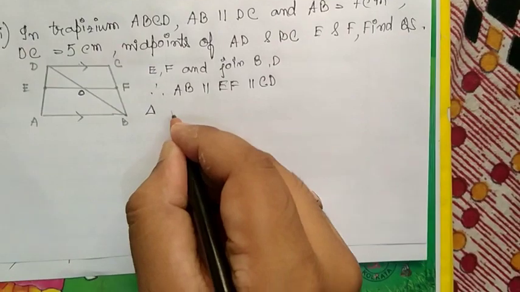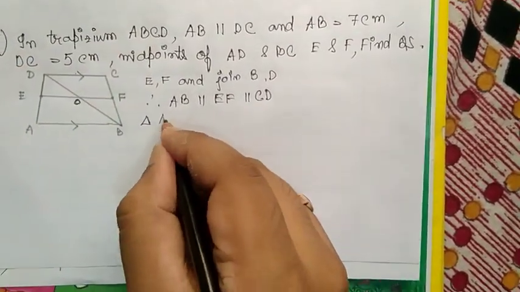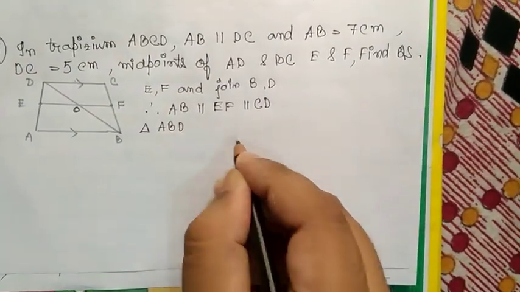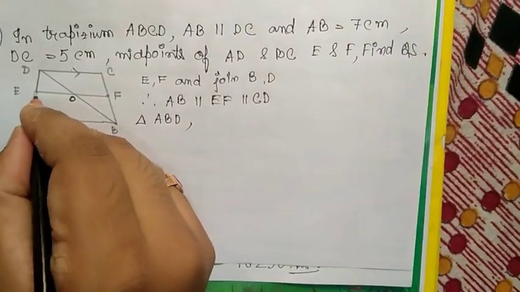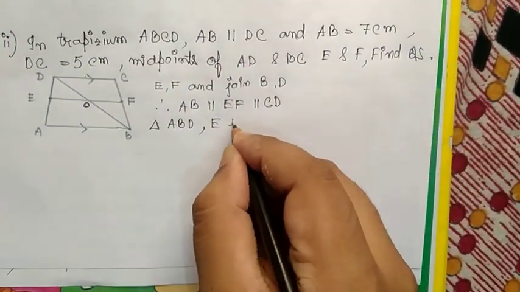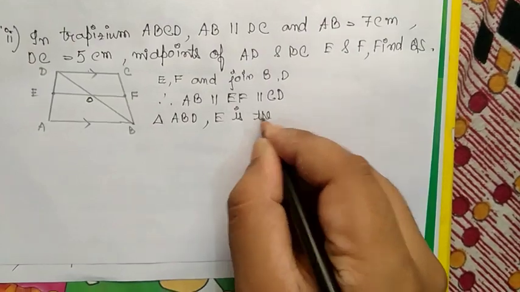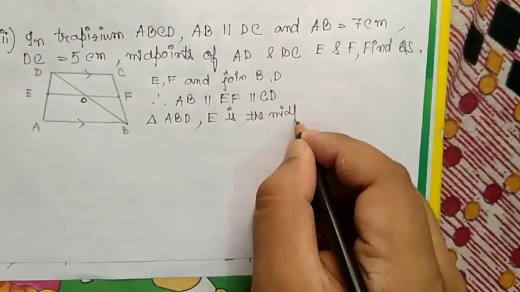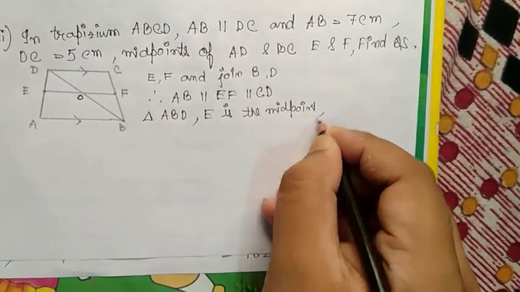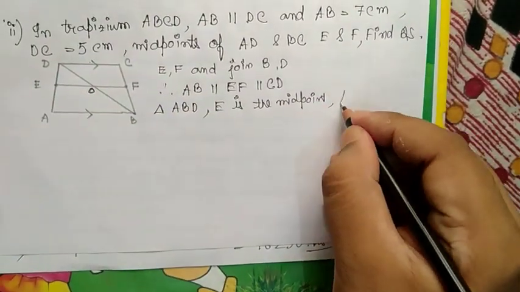Now in triangle ABD, E is the midpoint and AB is parallel to EO.